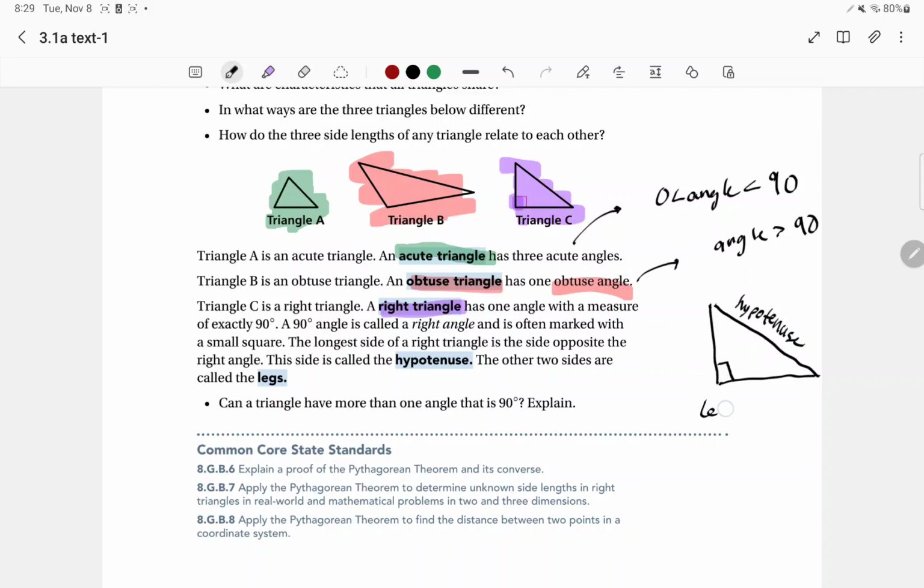These legs, there are two legs there and there, basically your base and height. Okay, those are going to be your two shorter sides. So out of the three sides, the hypotenuse is the longest and your legs are the two shorter sides. Hypotenuse always has to be the longest.